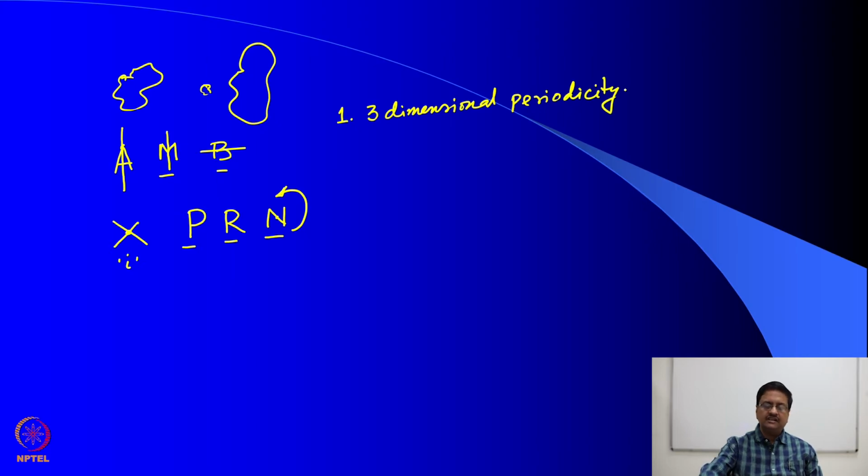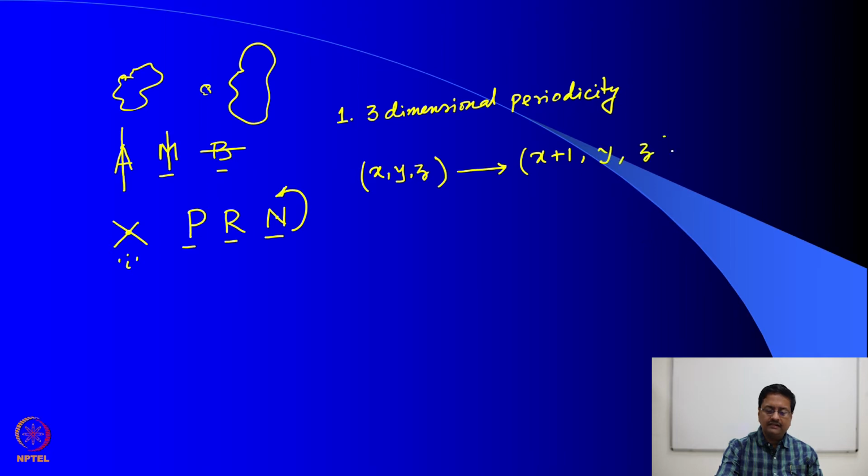So, this 3-dimensional periodicity means if you suppose have one object at x, y, z, that is the coordinate of the center of gravity of that object, then you should have one unit translation along x, one object, one unit translation along y and one unit translation along z, an object.